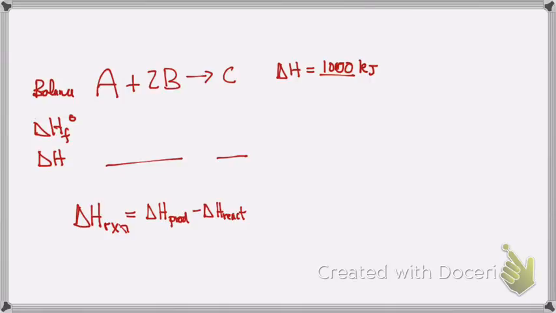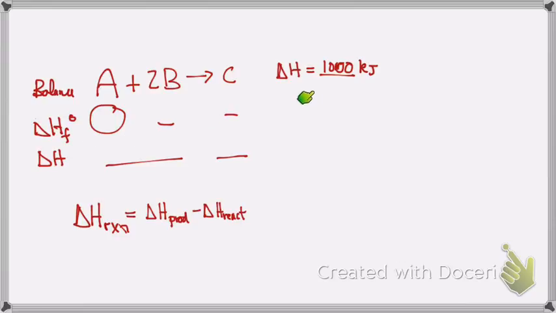But let's say you don't have A, and actually you want the heat of formation for A. You can have B and C, and then measure the energy produced by the reaction, like in a calorimeter. So you can have this one be unknown. How do you solve for this one?